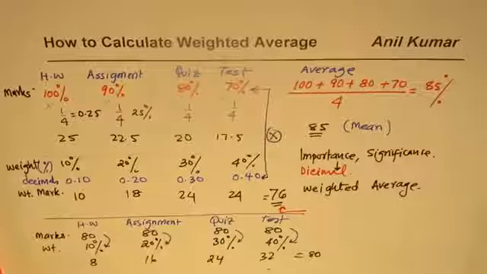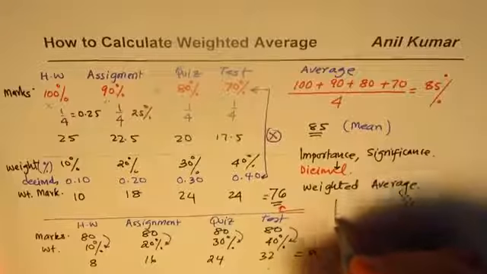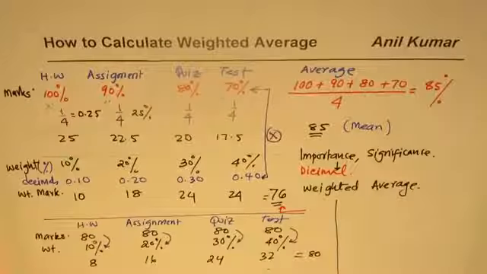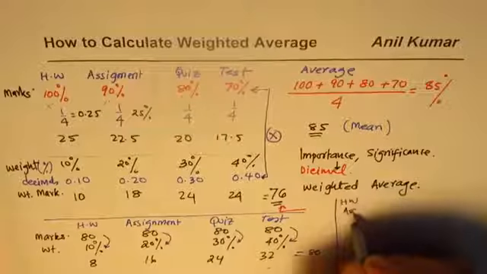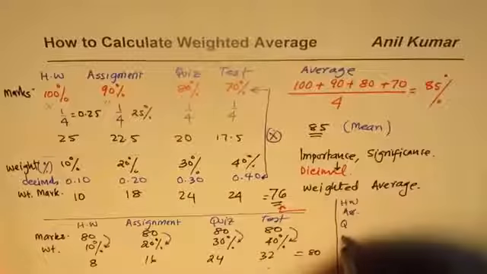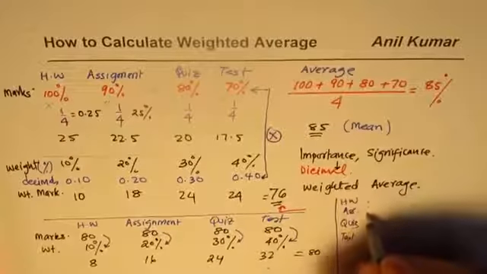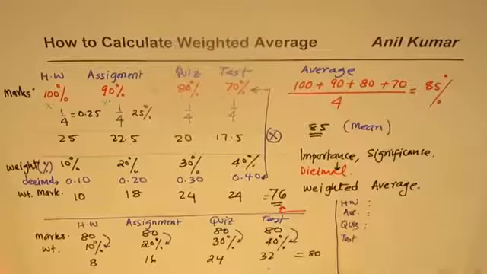Okay, so now a question for you. If I change the marks altogether, let me write down this question here for you. Where will the weighted average be? So I'm saying homework, assignment, quiz, and test, right? So let me write down the marks and their weightage.